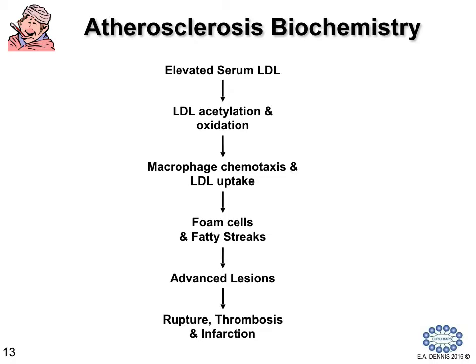And these are the cells that end up in the artery in the form of foam cells and fatty streaks, leading to advanced lesions and eventual rupture, thrombosis, and infarction, as introduced at the very beginning of the first part of this lecture A.